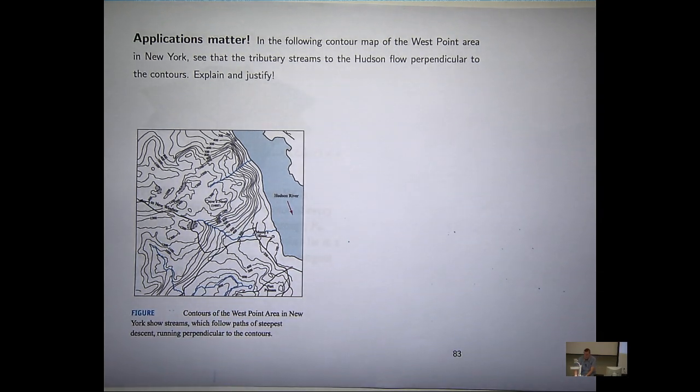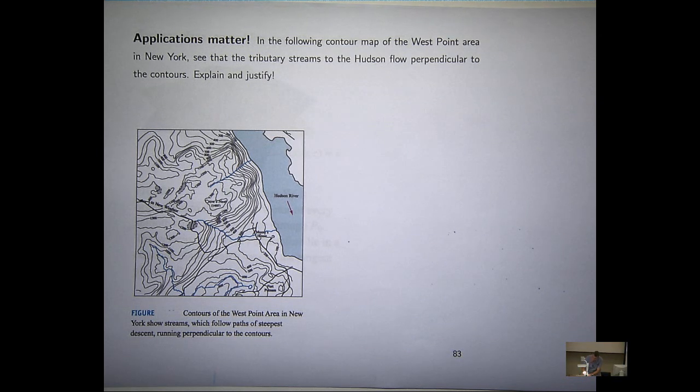Anyone know why? Sorry? Who said that? Yes, can you speak up? It's going down, yeah. Why doesn't it choose another path though? Right, so as long as there are no big obstacles, water will find the quickest route, the fastest path of descent to this river.